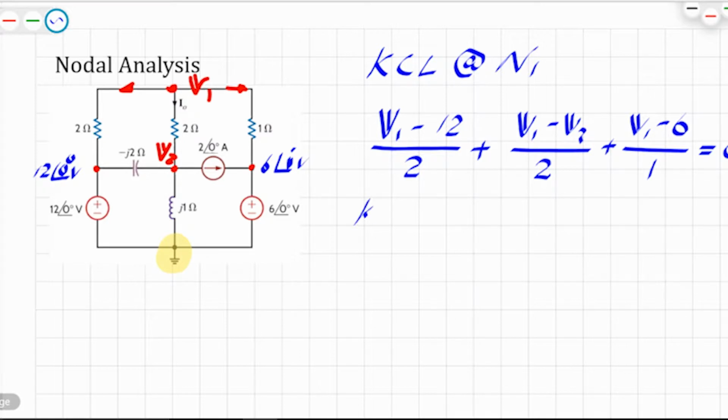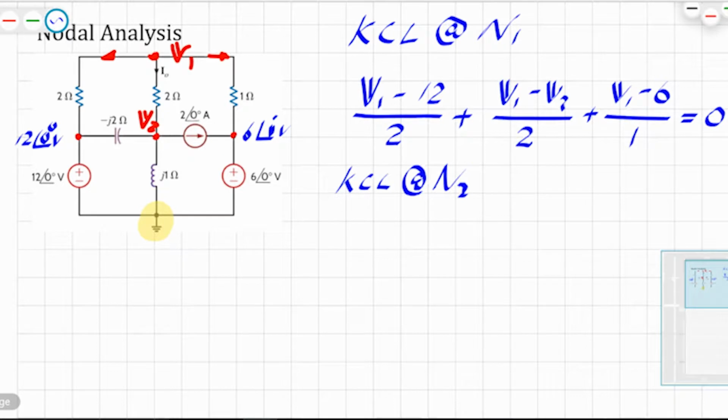Now I apply KCL at node 2. We're going to get a second equation here. Once again, there are 3 currents, and I can still assume all the currents are going away. The given current source is indeed going away. So we sum all the currents going out, and that should be equal to 0.